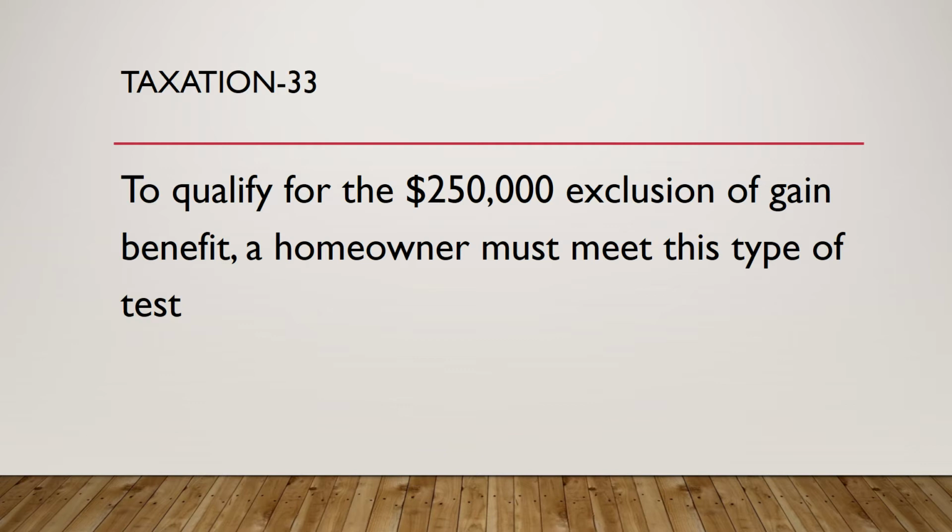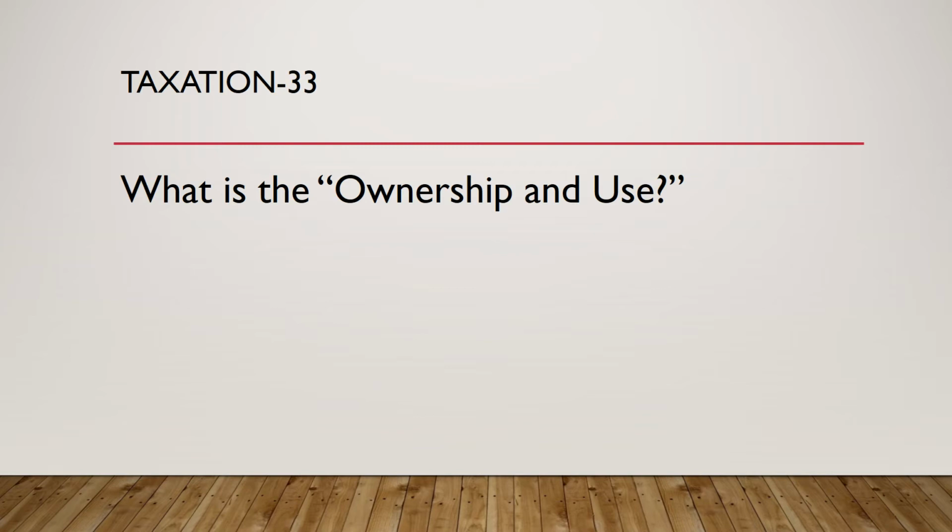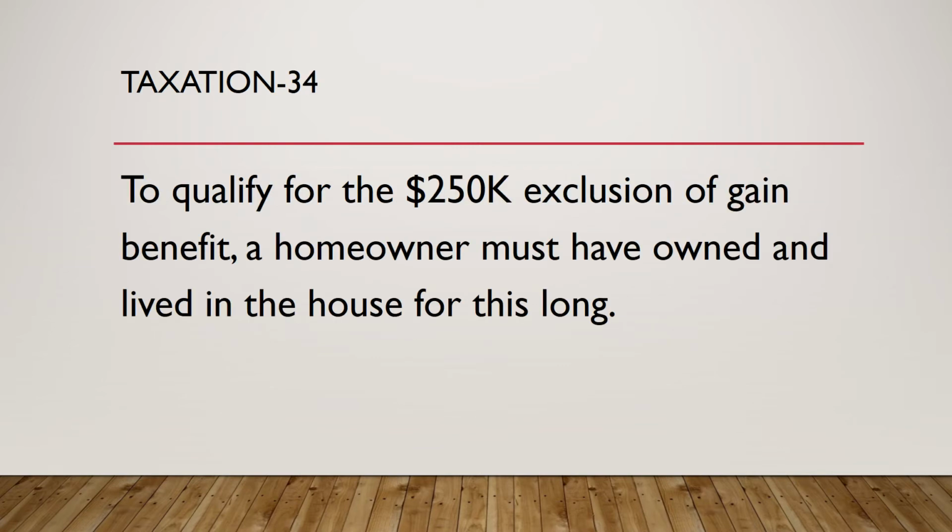Question 33. To qualify for the $250,000 exclusion of gain benefit, a homeowner must meet this type of test. What is ownership and use? Question 34. To qualify for the $250,000 exclusion of gain benefit, the homeowner must have owned and lived in the house for this long.